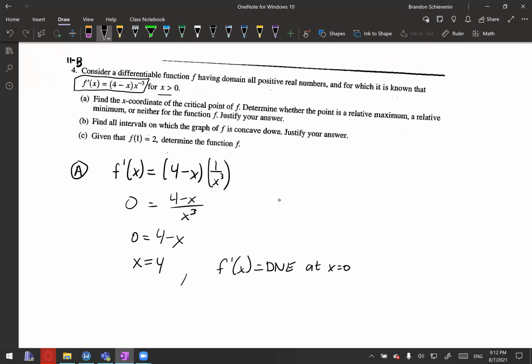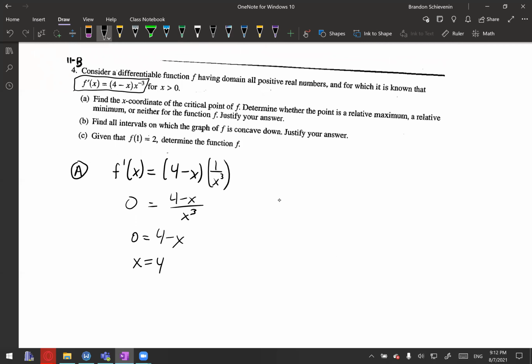Oh, actually, I don't need to do that because our domain's different. We have to be greater than 0 to be on our function. So I don't need to test that point. Okay, so our only critical point then is x equals 4.